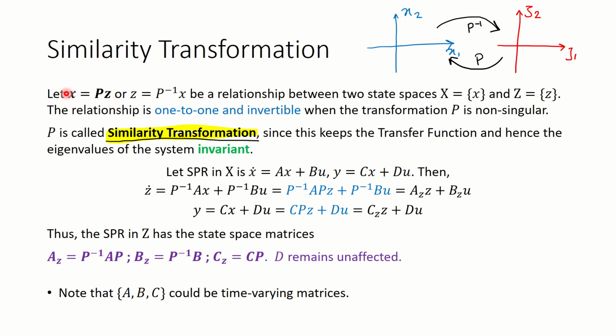So x is where you already are, z is where you want to go. So you know the ABCD matrices in X space, you want to find out the ABCD matrices in Z space, and you relate X equals PZ in this manner. Then only this is the relationship, P inverse AP, P inverse B, CP. Otherwise the relationship is a bit different.